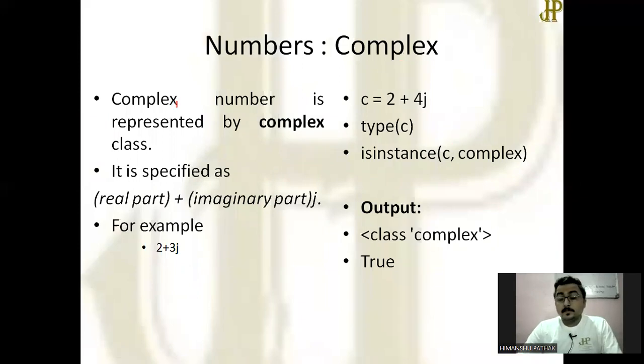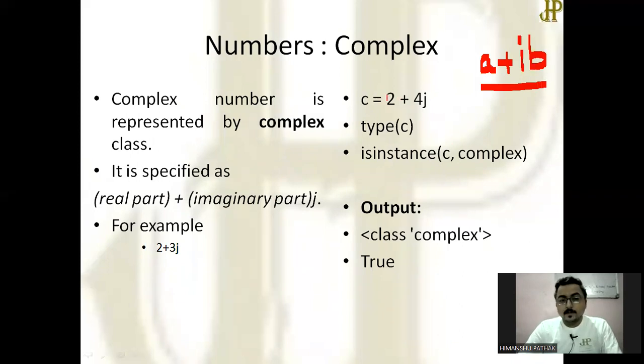Next example is for complex number. As a mathematics student, you all know that a plus ib is in the form of what? Complex number. But here the representation is a little bit different.